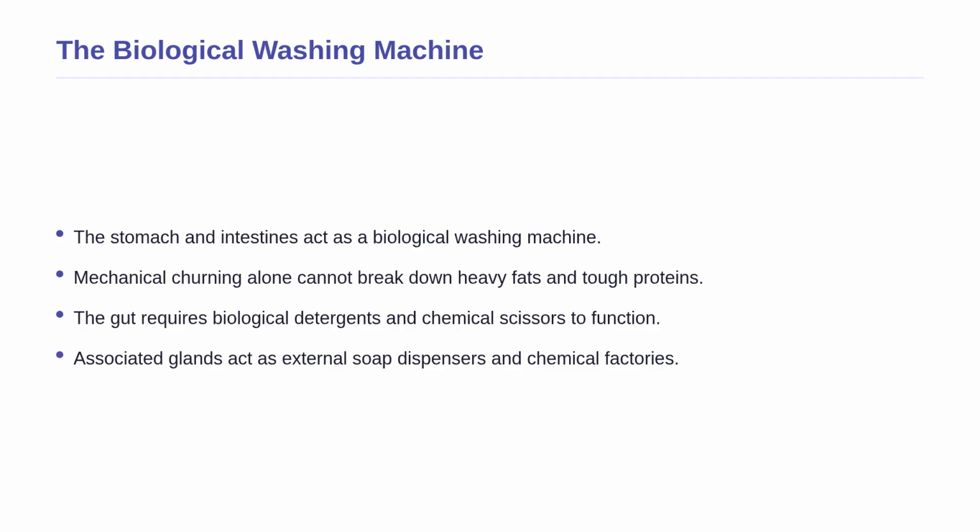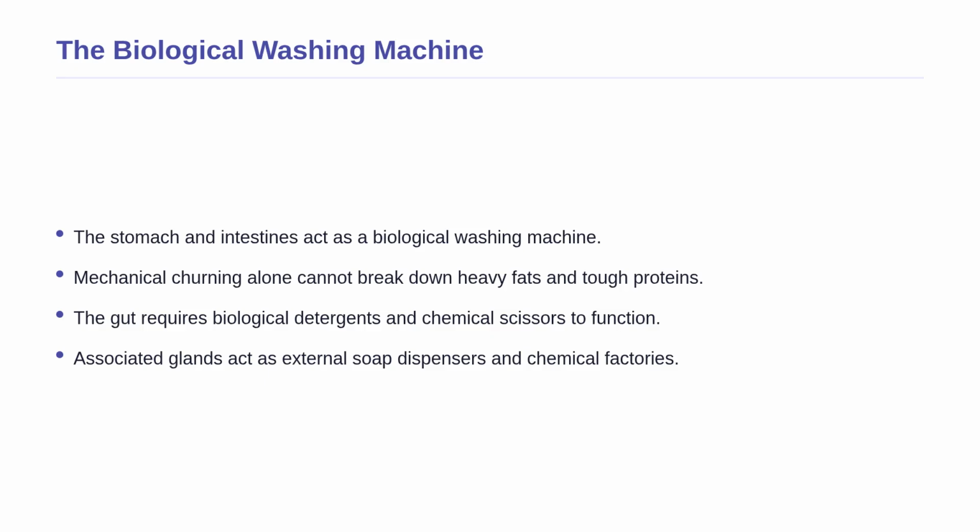Building on that dish soap analogy, your stomach and intestines act very much like a biological washing machine. But a washing machine alone cannot clean clothes without detergent. Similarly, your gut desperately needs biological detergents and chemical scissors to break down the complex foods you eat.